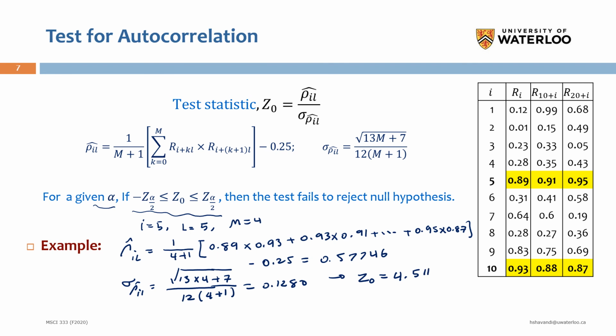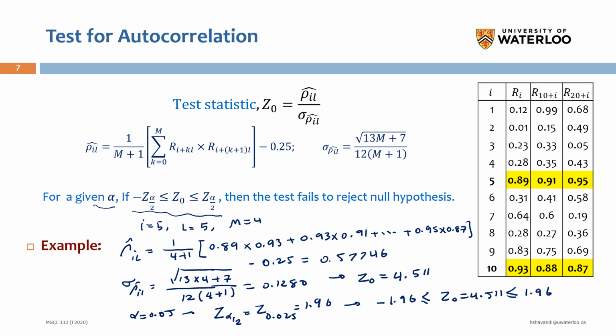Now, if we assume that alpha is 0.05, then the Z half alpha, which is Z 0.025, from the standard normal distribution table, we can obtain this number. It will be 1.96, right? So as you see here, minus 1.96, Z0, which is 4.511, and 1.96.